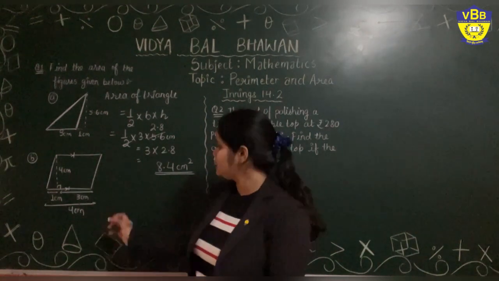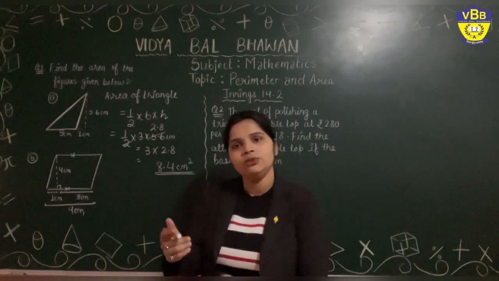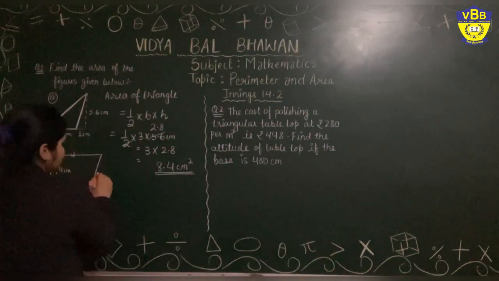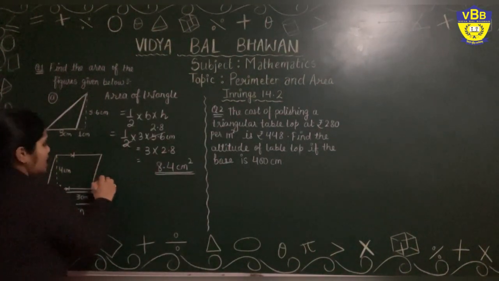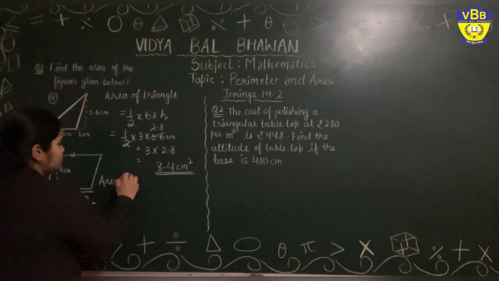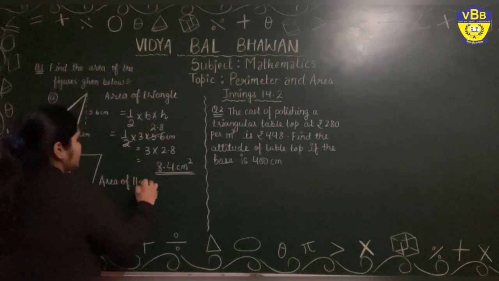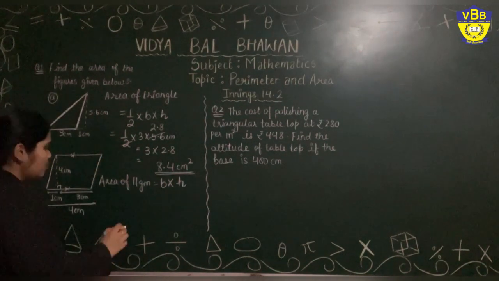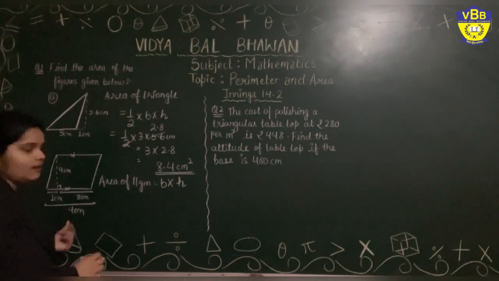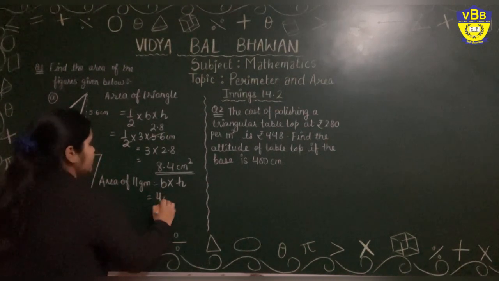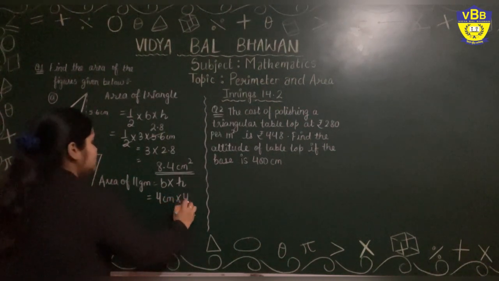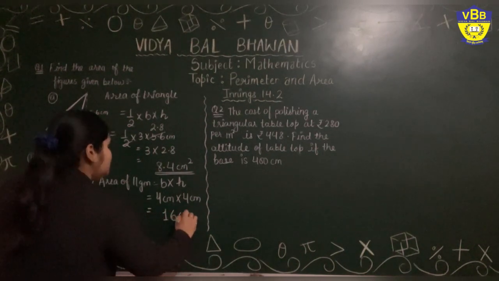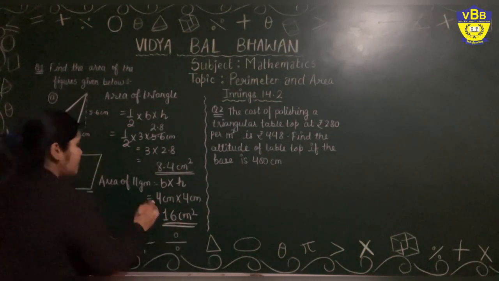We will simply write the formula and substitute the values. Area of parallelogram is base multiplied by height. Base is 4 centimeter and height is again 4 centimeters. So the answer is 16 centimeters square.